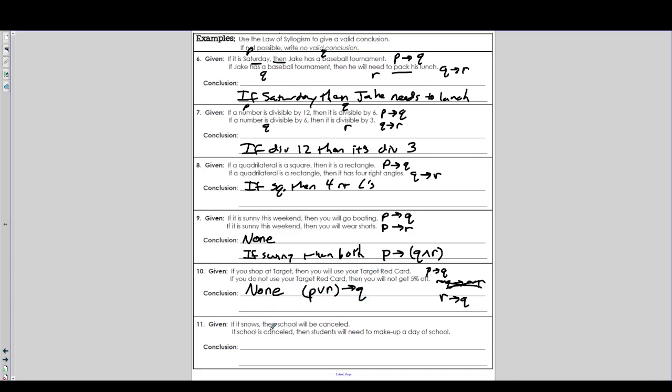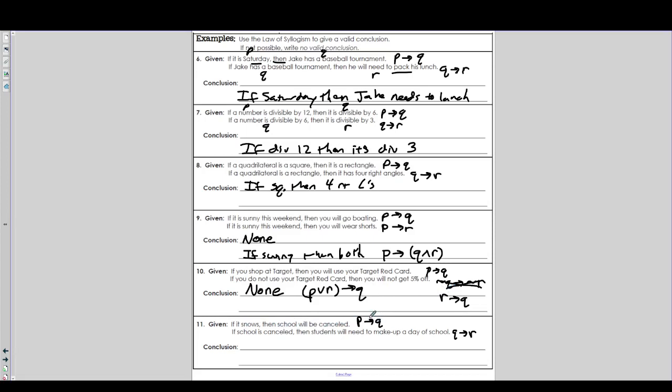And then we have if it snows, then school will be canceled. So if P, then school will be canceled. If school is canceled, that's Q, then students will need to make up a day of school. Yes, that chains P to Q, Q to R. But this last one highlighted a really important thing of watching out for negations to make sure that we're not comparing Q and not Q. So you could even think about this as being if P, then not Q, because school is canceled.